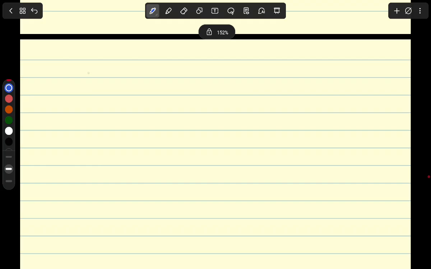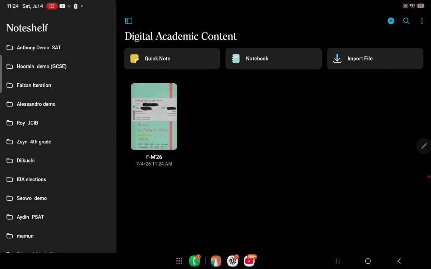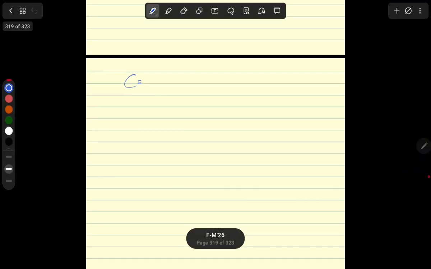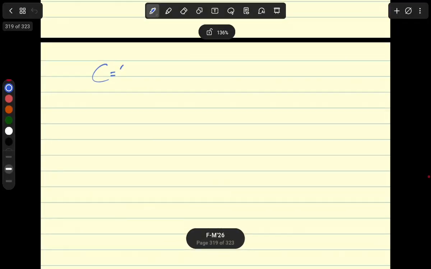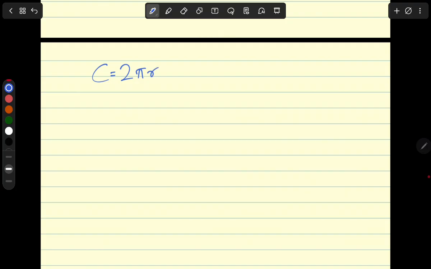Okay. Now, circumference is 2 pi r, right? An entire angle around the circumference is 2 pi radians as well, right?